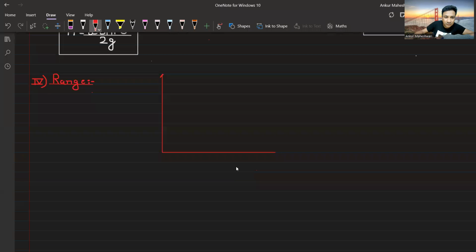This is the y-axis, x-axis. U is my initial velocity. Theta is the angle. The path taken by the projectile is this one. So it starts from O and it lands on A.